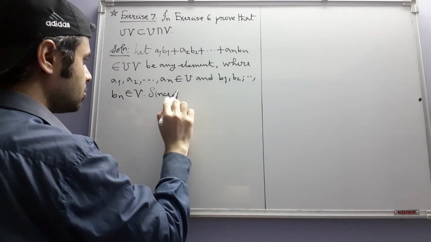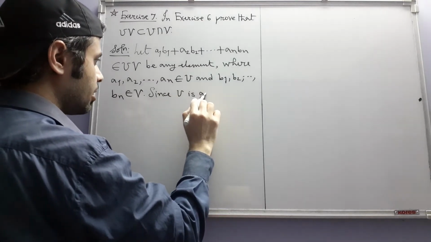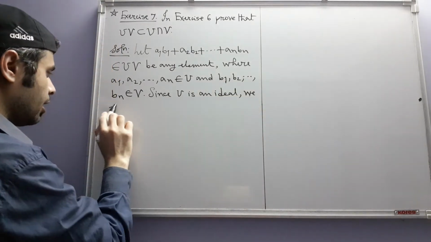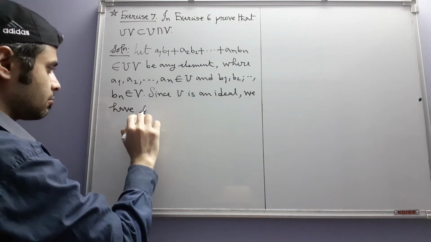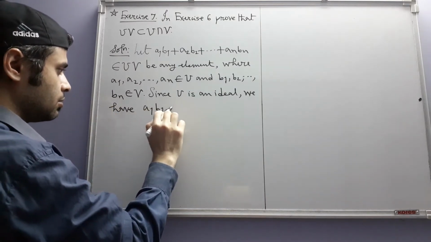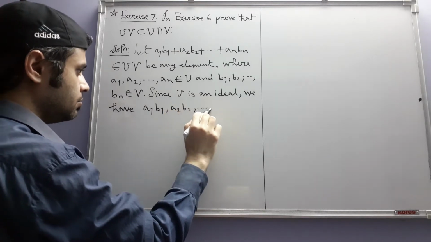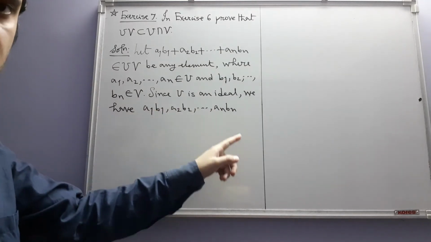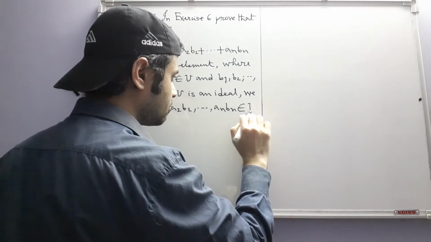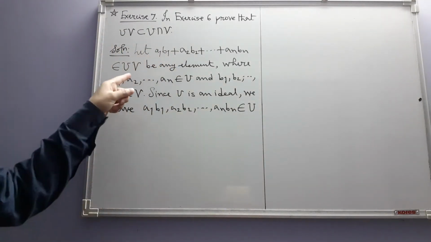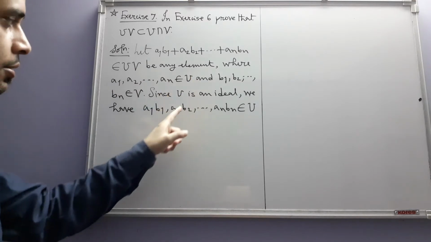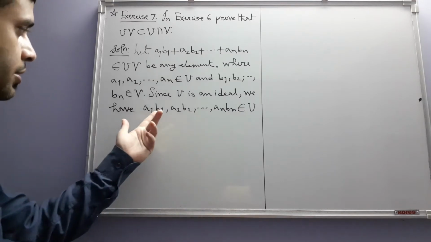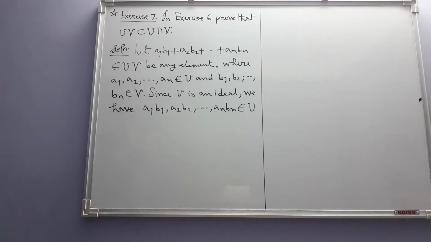Now, since U is an ideal, we have A1 B1, A2 B2 up to An Bn. Now all these elements belong to U. Why? Because all the Ai's are in U. Now we are multiplying each Ai by Bi, where we can consider Bi as an arbitrary ring element.